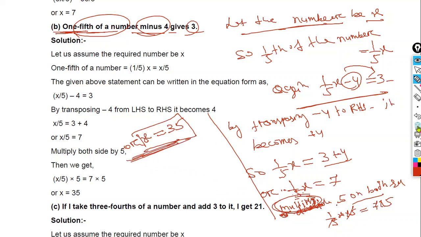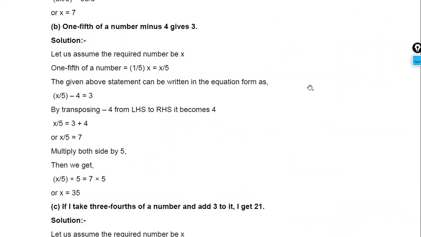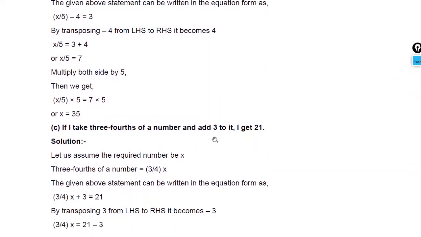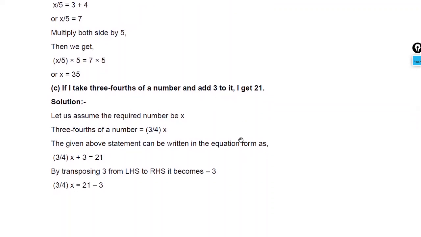Now we'll move to another question. If I take 3/4 of a number and add 3 to it, I get 21. There are lots of questions like this, so I will just establish the equation and you solve it by yourself.